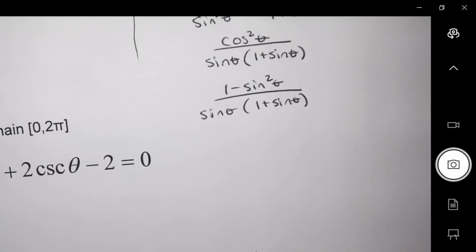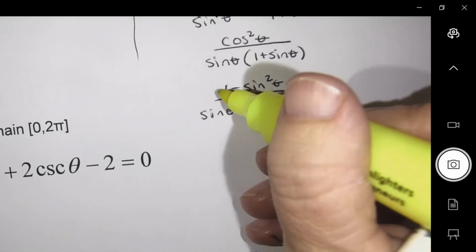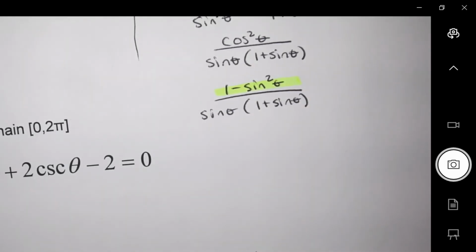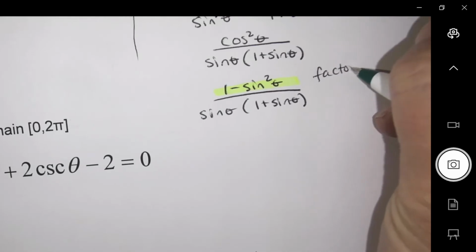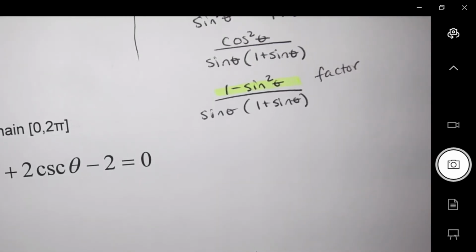We're almost there. What now? It's something to do with this. What else could you do with that? You can factor it. So difference of squares.